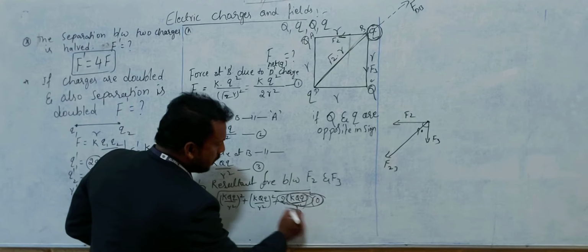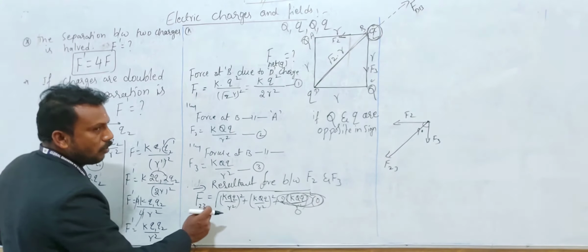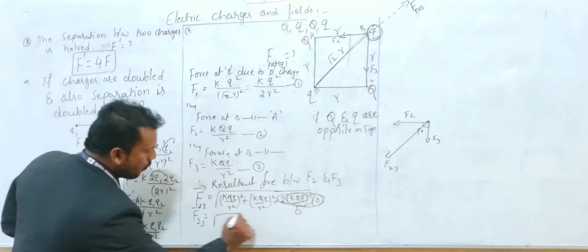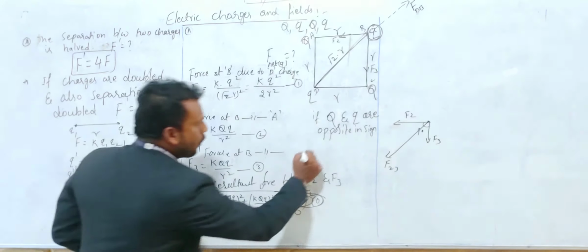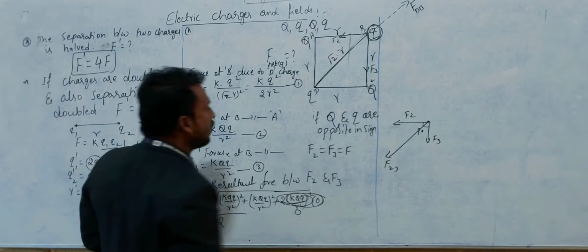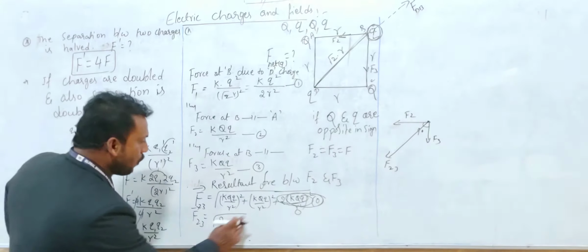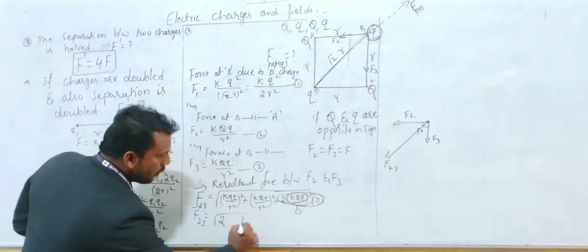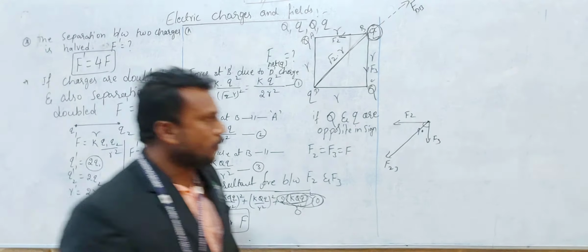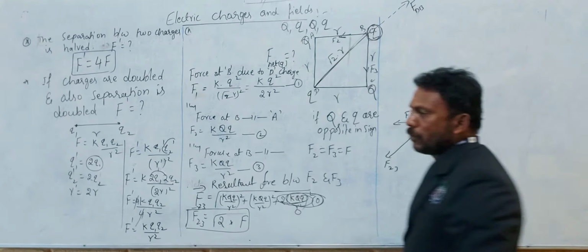This term becomes 0. If we call F2 equal to F3 equal to F, then F23 is equal to root 2 F. Therefore, the resultant force between F2 and F3 is root 2 F.